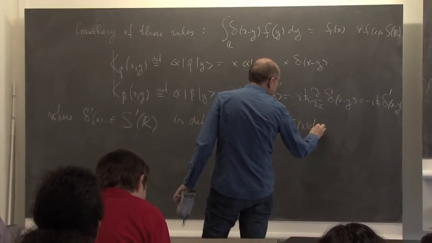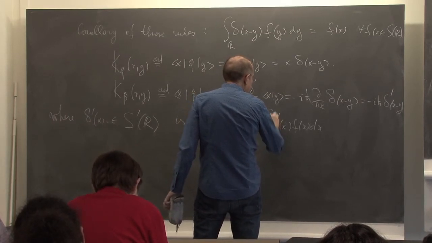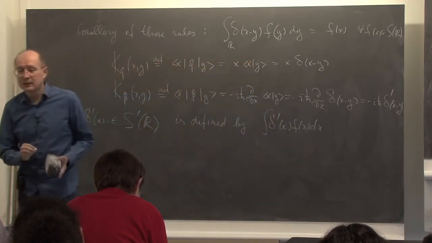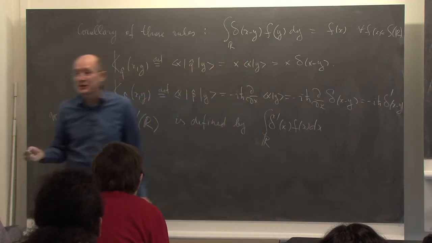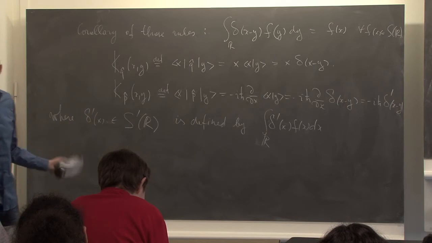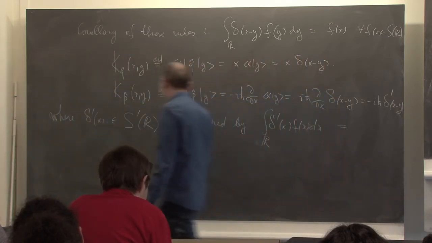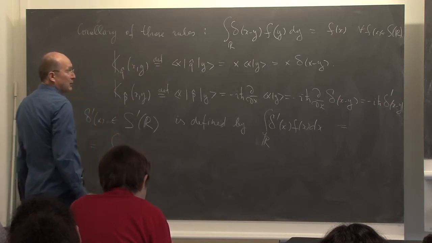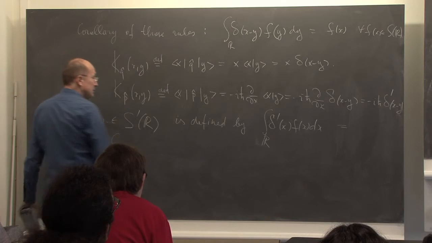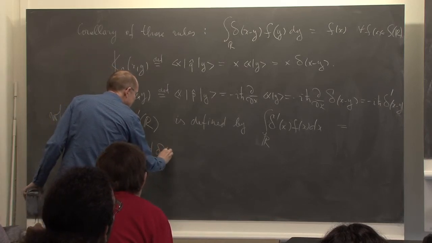So we have to say how to integrate this. But we pretend that everything is just normal integrals. So we insert delta prime of x into the differential, so f of x d delta of x.